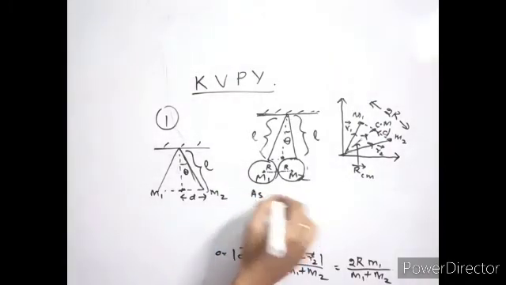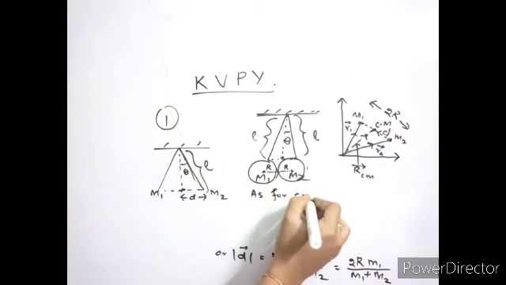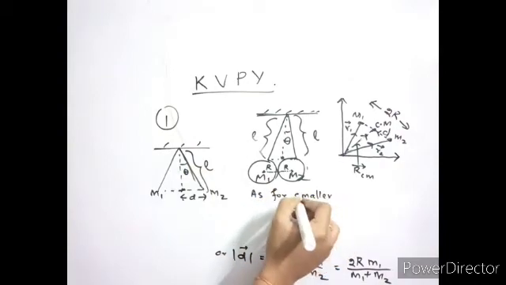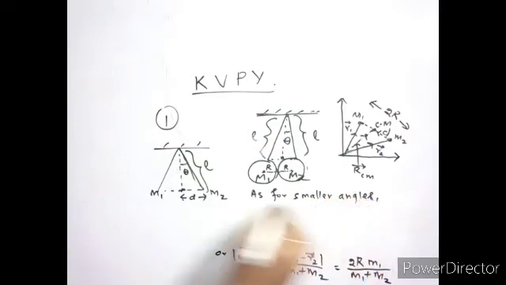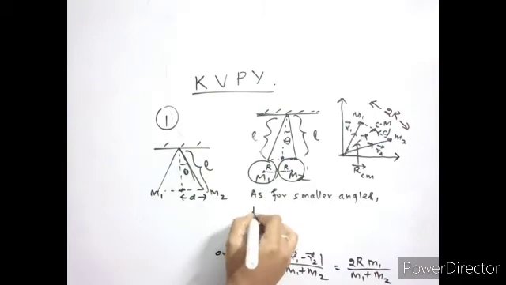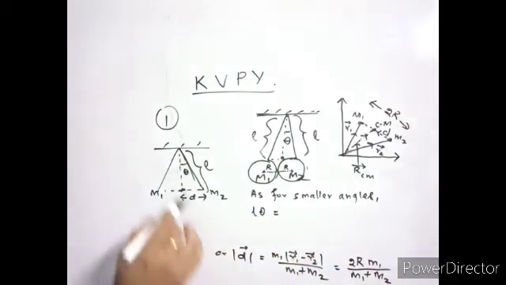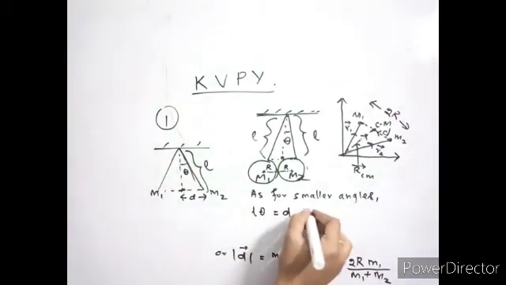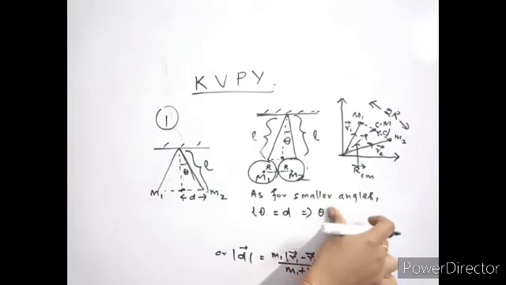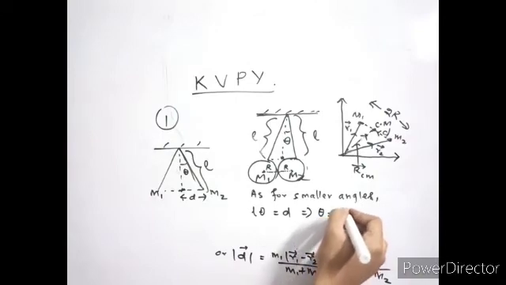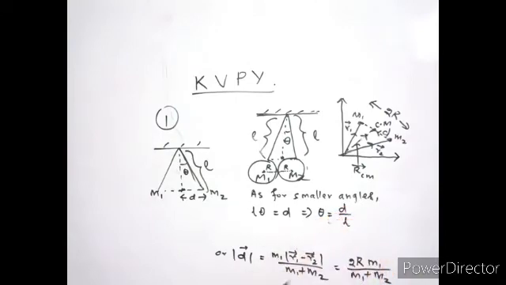Now as we can see, theta, the angle, is very small, so for smaller angles we can write the value of L times theta, where L acts as the radius and theta is the angle, is equal to the arc length d. So we have theta is equal to d divided by L. Now we just substitute the value of d that we have obtained, the modulus of d.